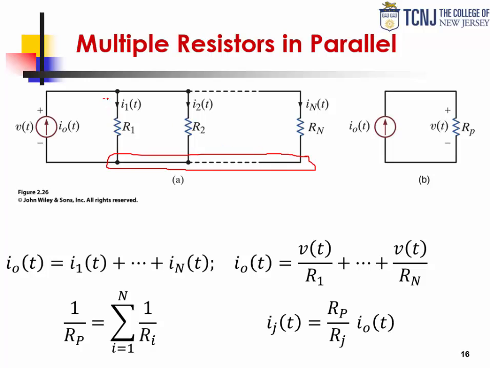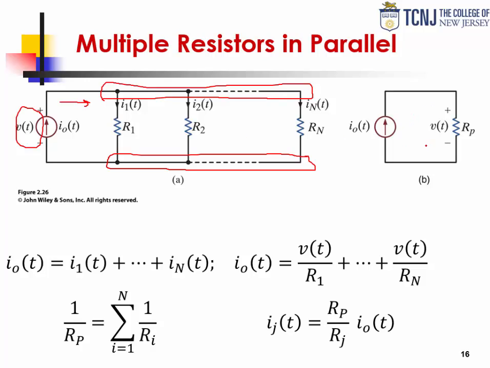Now to derive that total resistance, it works to assume that we have a current source, so let's call it a test current source with a current going in that direction. That of course is going to develop a voltage across the parallel combination. So it's going to look like this.